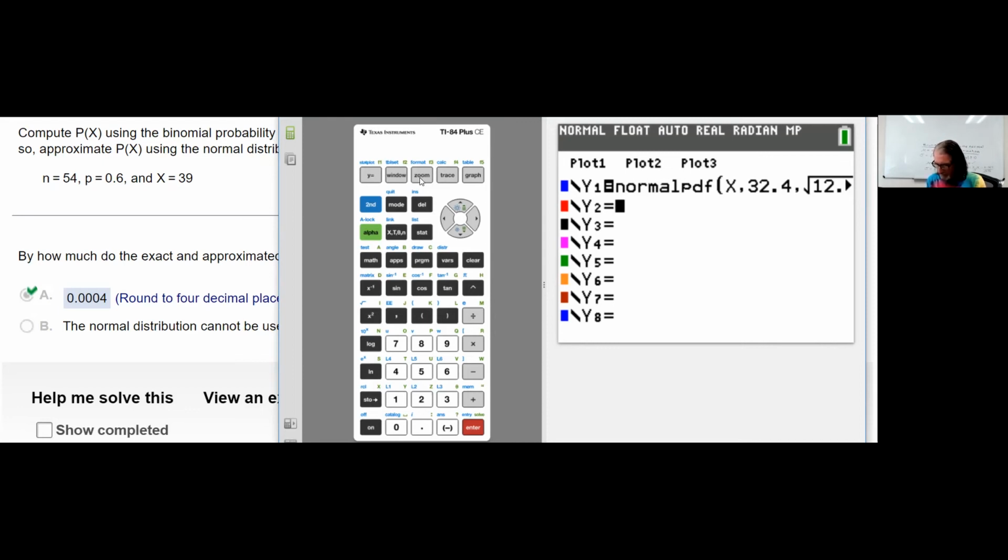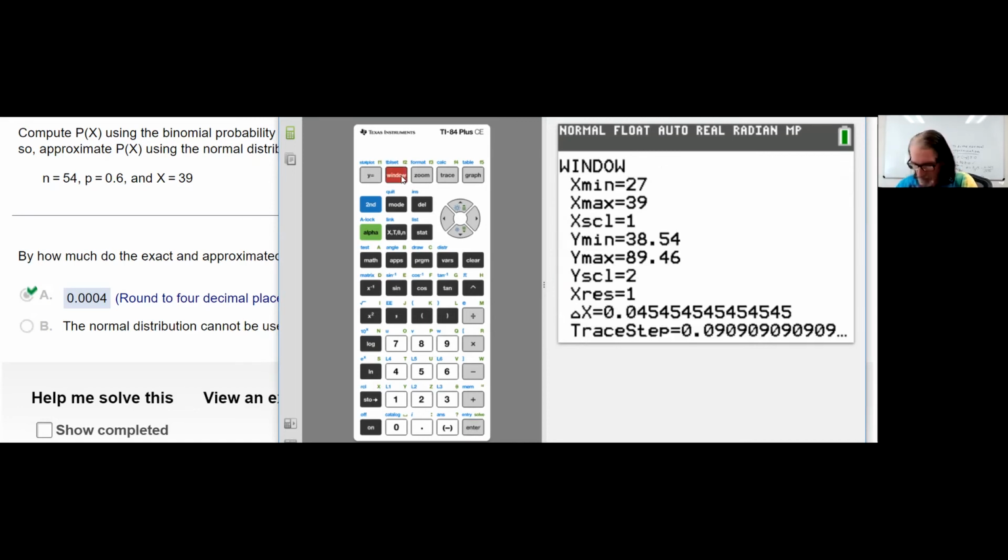And also go that far to the right. I'm going to do a little rounding, but I'm getting 18 exactly for lower bound and 46.8. I'm going to round that to 47. So on my window, I'm going to change 18, 47. And if I left the X scale as 1, I'd see 29 tick marks. I don't want to see all that. So I'm going to divide that by 10.